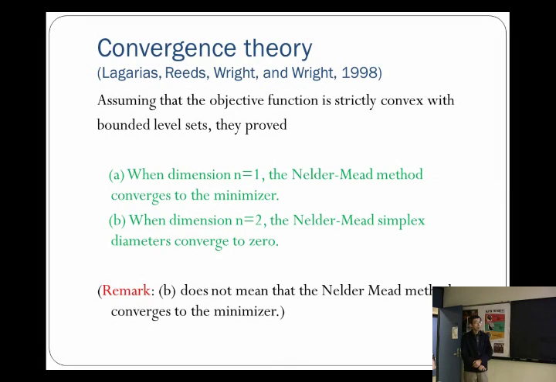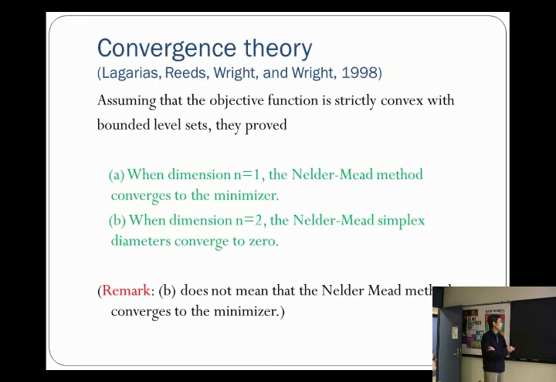proved some convergence results, focusing on low dimensions, dimension 1, dimension 2. So they assume the objective function, the multivariate function, is strictly convex with bounded level sets. Under this assumption, they proved these results. So I'm going to summarize these 2 results. When the dimension is 1, so minimizing a single variable function, right?